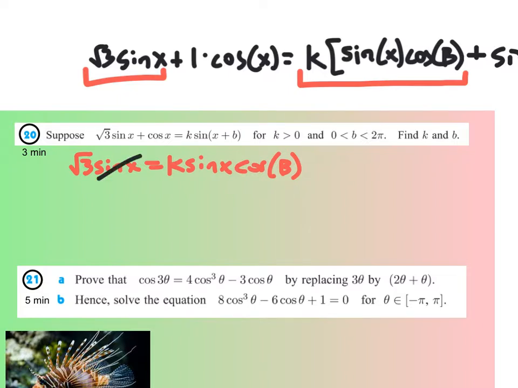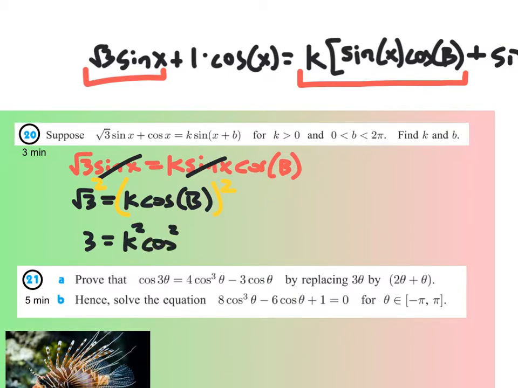The sine x's would cancel, and root 3 would equal k times cosine of b. Let's square both sides. So we get 3 is equal to k squared cosine squared b. Let's hold on to that for a minute.